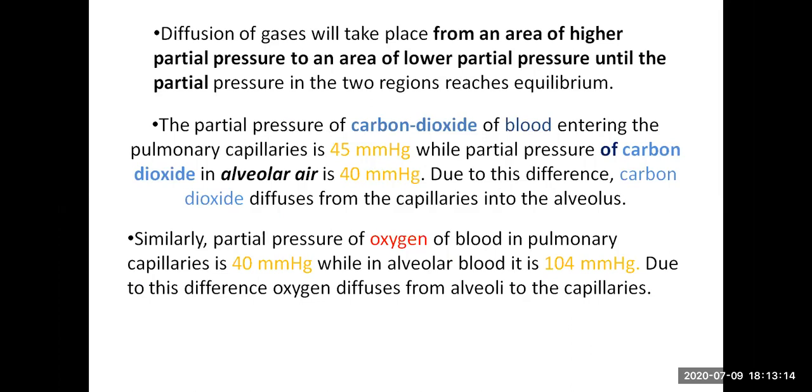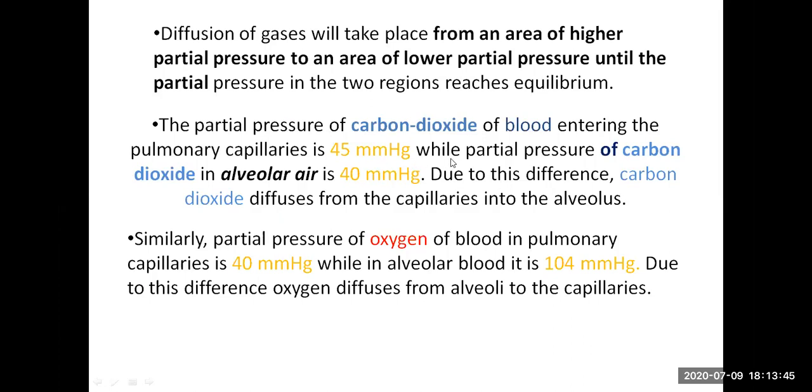Okay, so partial pressure of carbon dioxide of blood entering the pulmonary capillaries. अभी पल्मोनरी कैपिलरीज में जो ब्लड बॉडी की तरफ से आया है, जिसमें अभी कार्बन डाइऑक्साइड ज्यादा है, वो 45 mmHg होता है. डीऑक्सीजनेटेड ब्लड जिसको कहेंगे हम, उस ब्लड में 45 mmHg इतना कार्बन डाइऑक्साइड होता है.